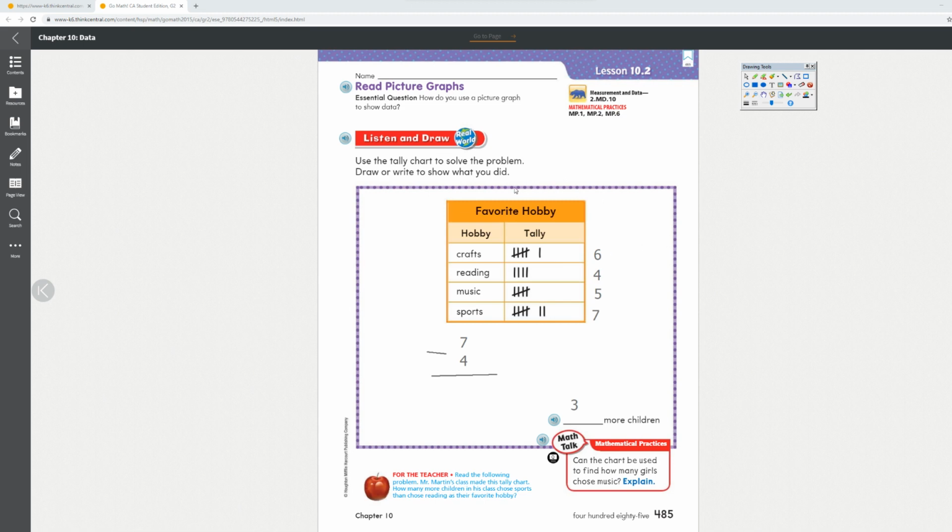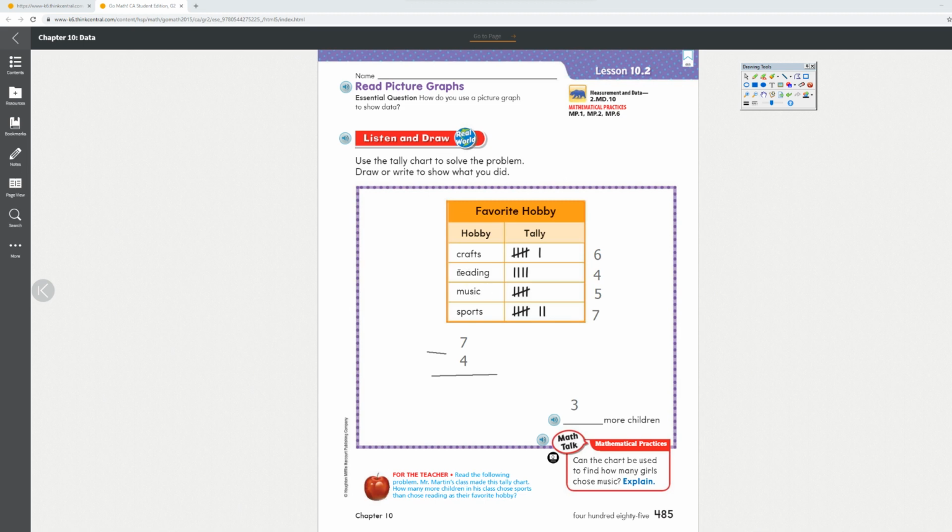Now, using the information that we have here, we can't figure out how many girls chose music because there's nothing about gender anywhere on this information. So it doesn't tell us how many girls or how many boys liked music.